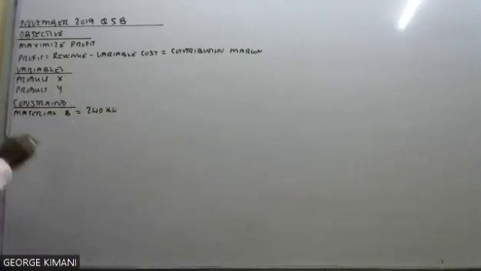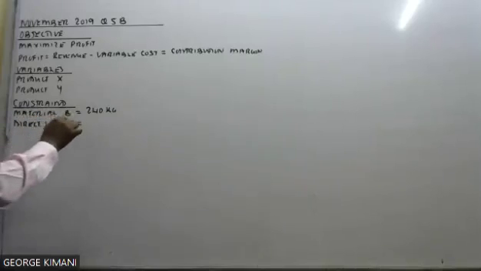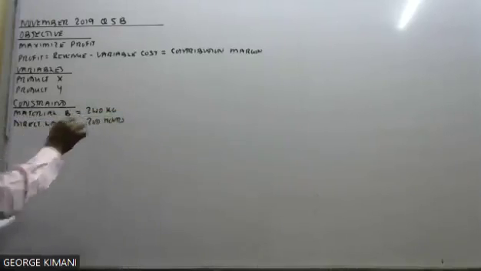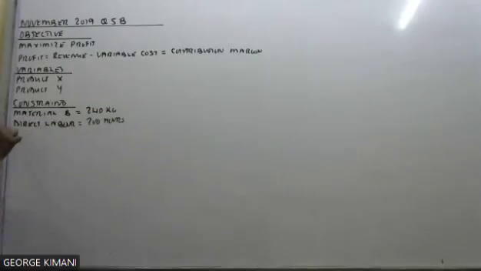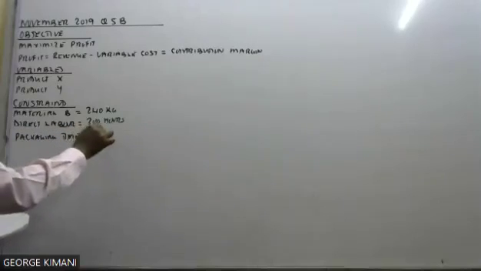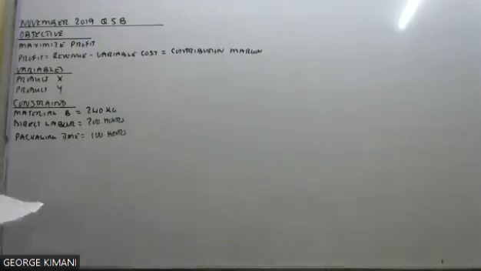Then there is direct labor, which we are told is 200 hours. Then there is packaging time, which we are told is 100 hours. Can you see any other that is given?